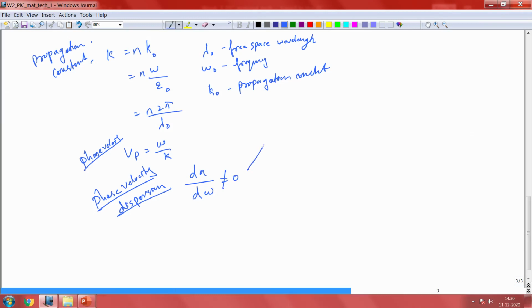There are two types of dispersion that you can have: one is normal and the other one is anomalous.